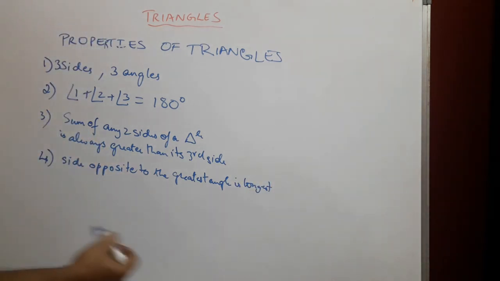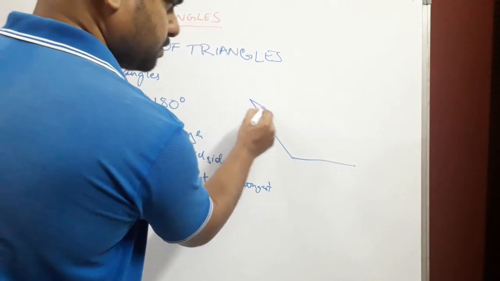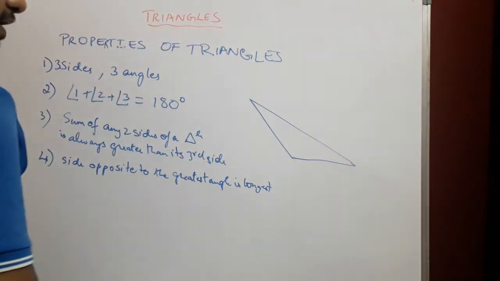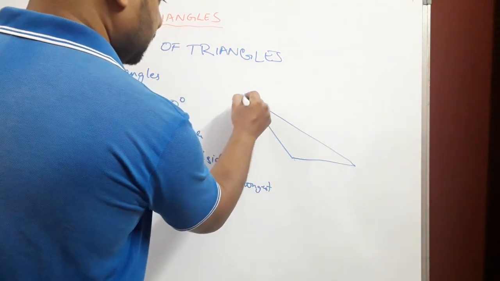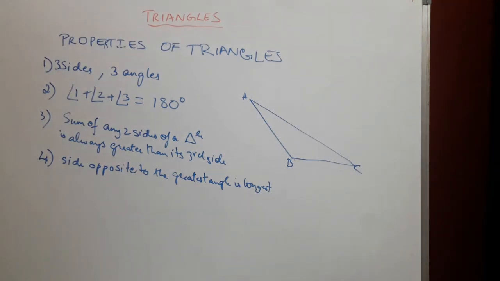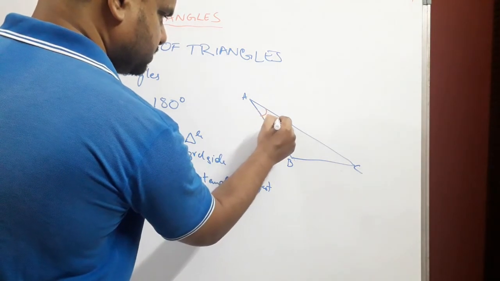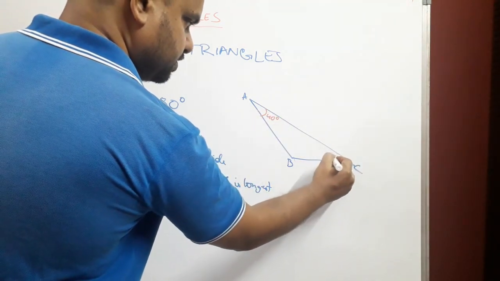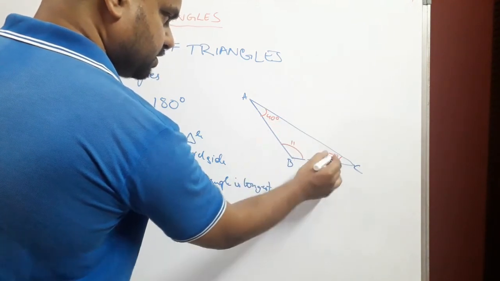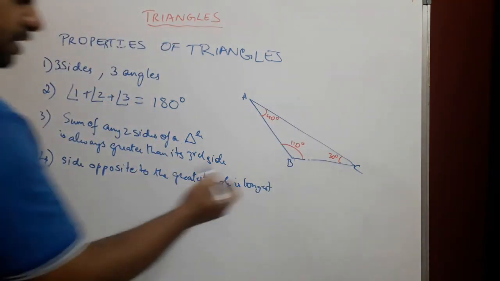Okay, let's say this is our triangle, and I'll mark this as A, B and C. These angles I will mark as, let's say, 40 degrees, this is 30 degrees, and this is an obtuse angle, so this would be 40, 30, 70, and this is, let's say, 110 degrees.